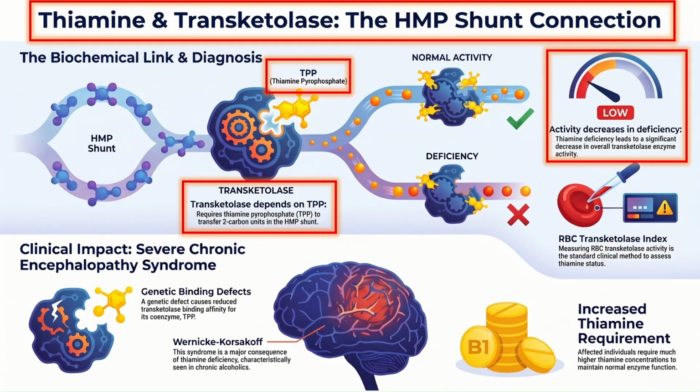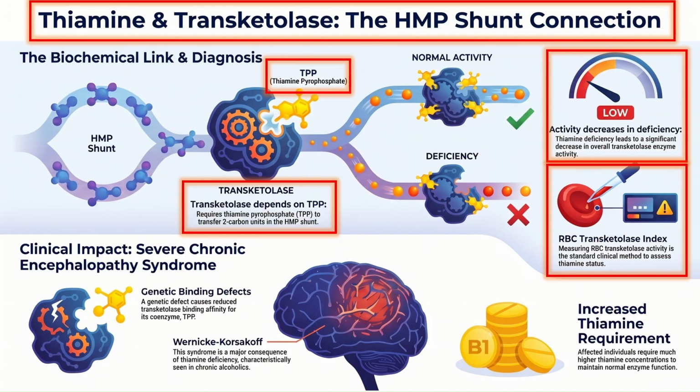Because of this direct enzymatic dependence, clinicians utilize the HMP shunt for diagnostic purposes. The measurement of the Transketolase reaction, specifically in the RBCs, serves as a reliable and standard clinical index to evaluate the underlying thiamine status of a patient.